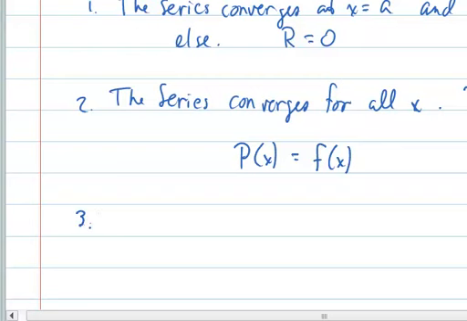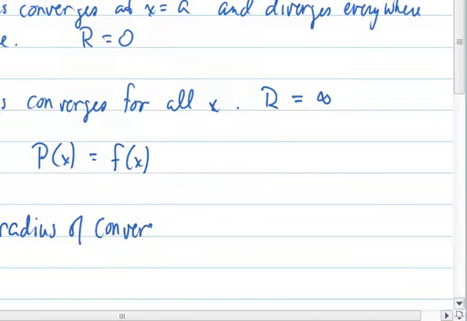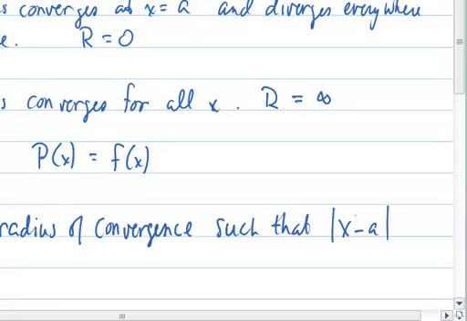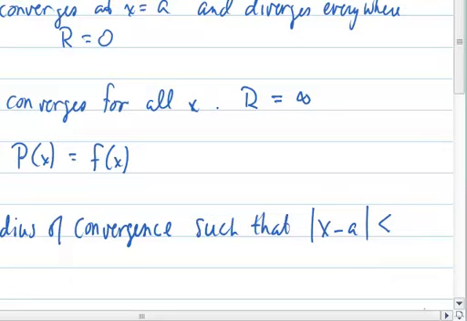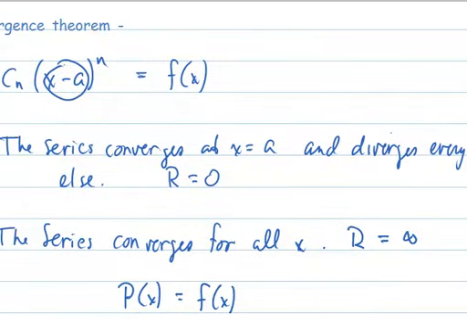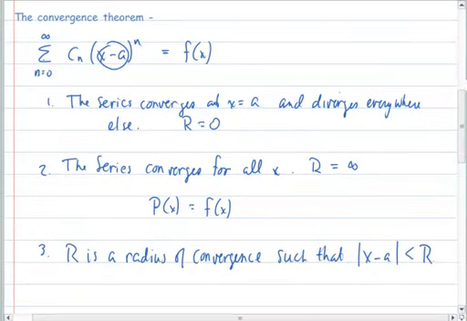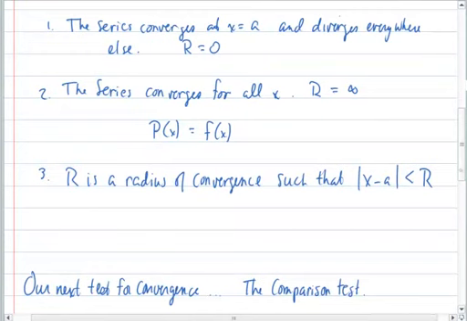The last thing is that we have a radius of convergence R such that the absolute value of x minus a, the term inside the polynomial, is less than R. As long as it's below the radius of convergence, the polynomial will equal the function.